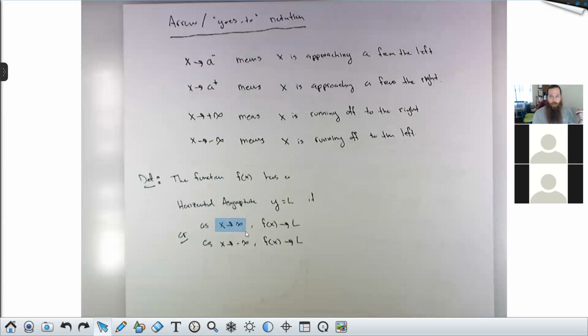As your x's run off to the right, the y values get closer and closer to that line, y equals L. Or as your x's run off to the left, the y values get closer and closer to that line, y equals L.